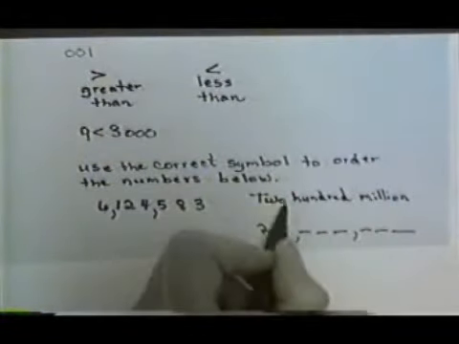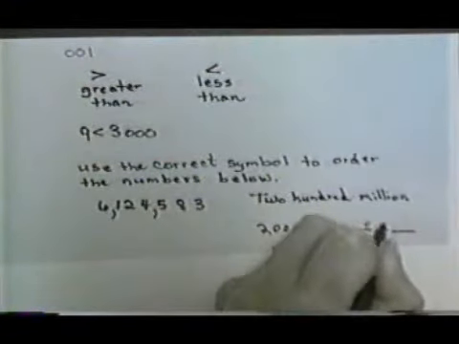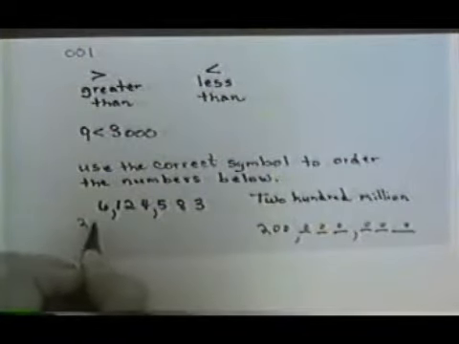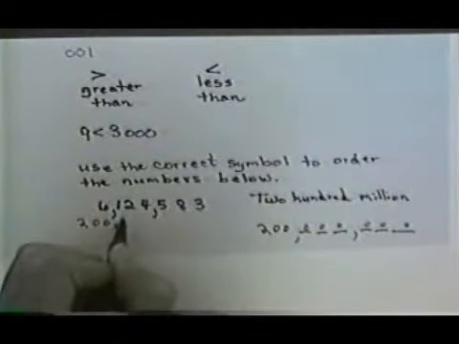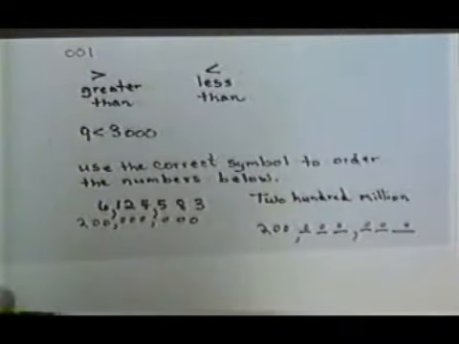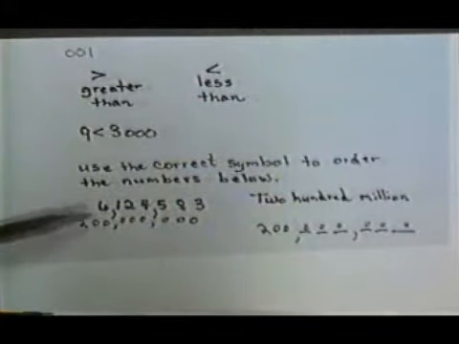And then nothing else, it's just 200 million. So all these other things would be zeros. Now if I wrote that down under this one, then you could tell which is bigger. You could certainly see that the 200 million was bigger than the 6 million.